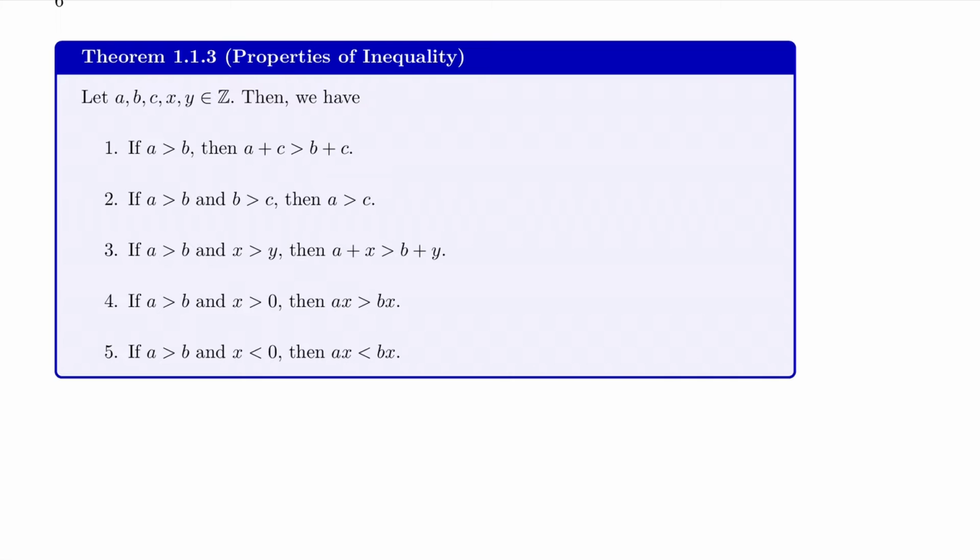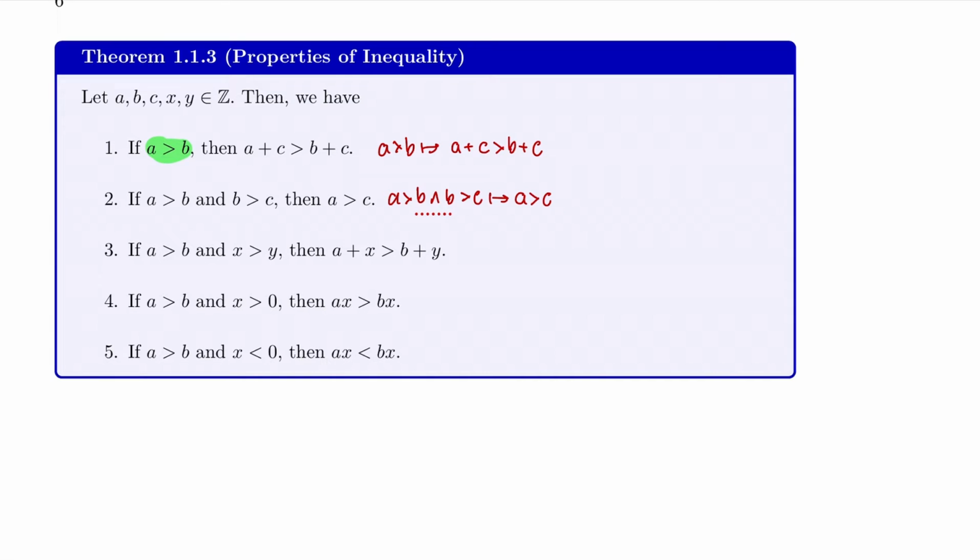Number one, if a is greater than b, we can add both sides by the same integer c. Number two, if a is greater than b and b is greater than c, we can imply that a must be greater than c. Transitivity. Okay, the greater than sign has the transitive property.